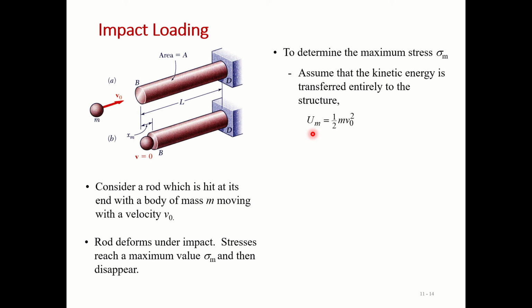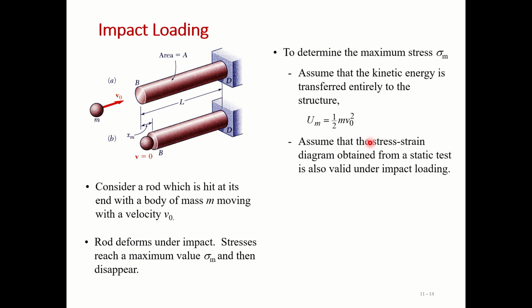So the total strain energy is equal to 1 over 2 m v naught square, which is the kinetic energy. And the second assumption is that a stress strain diagram obtained from a static test is also valid under impact loading. So we will use the tensile test properties in this scenario.